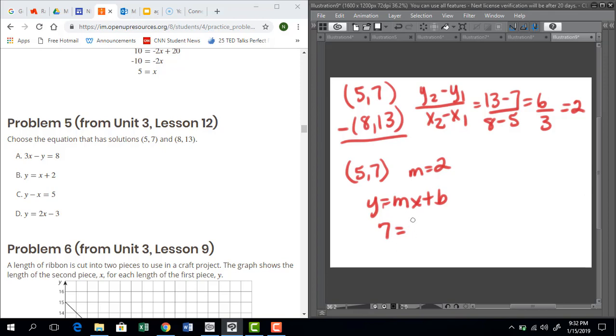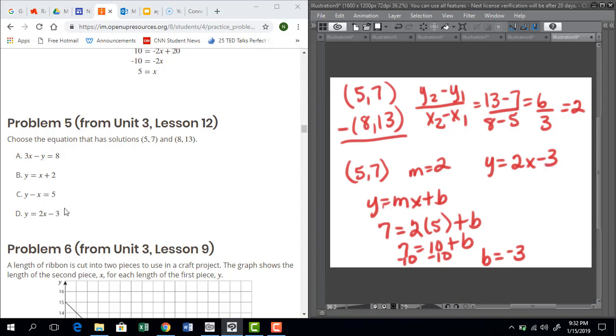Slope is 2. X is 5 plus b. So I'm going to have 7 is equal to 10 plus b. I'm going to subtract 10 from both sides. And b is equal to negative 3. So my equation would be y equals 2x minus 3.